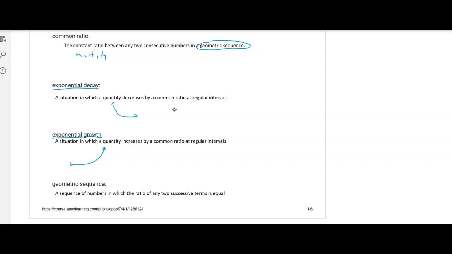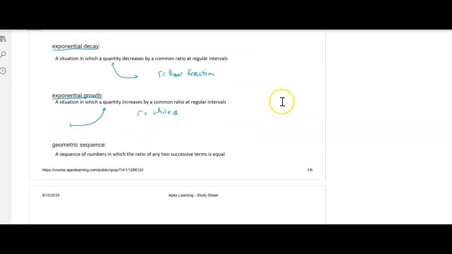Now, exponential decay and growth relate to a geometric sequence. Decay is when your rate is a proper fraction, and growth is when your rate is basically a whole number, or a number greater than 1.